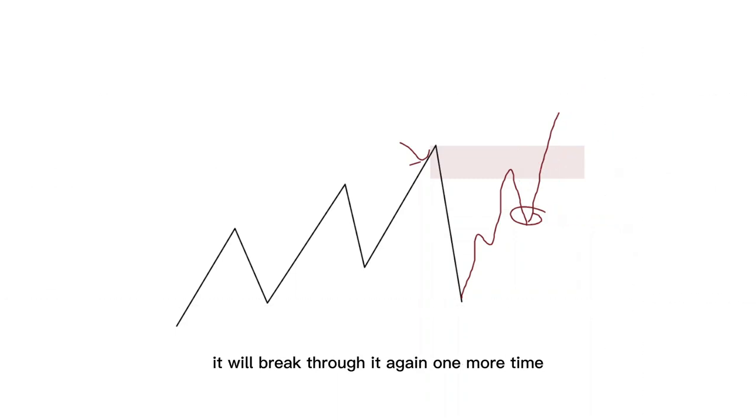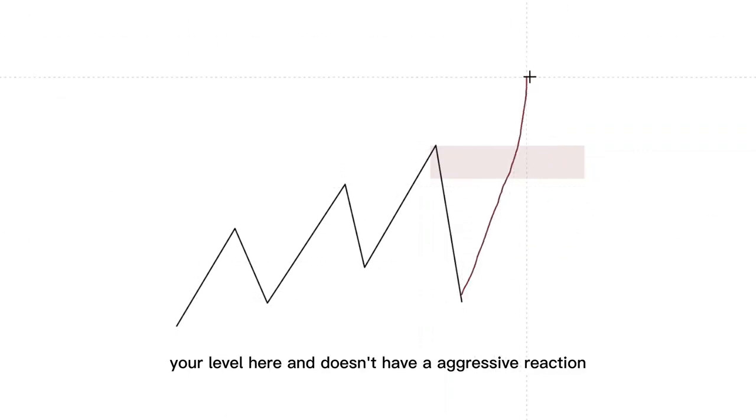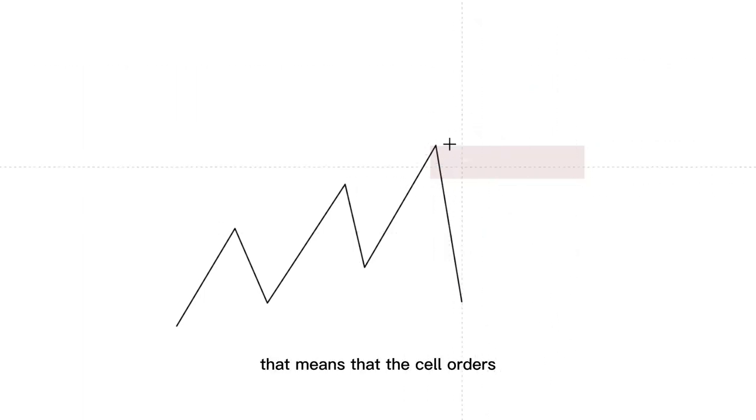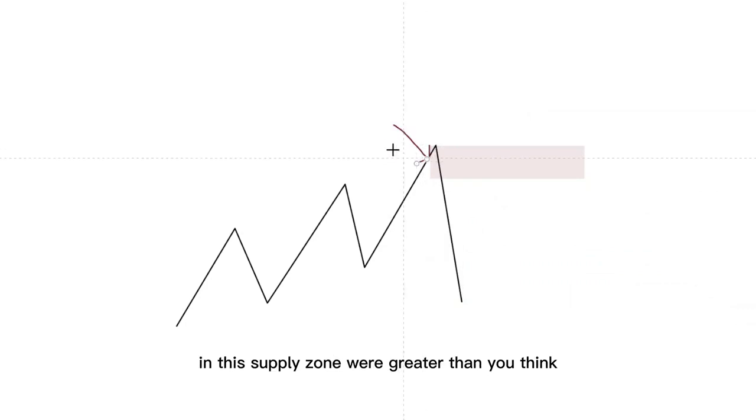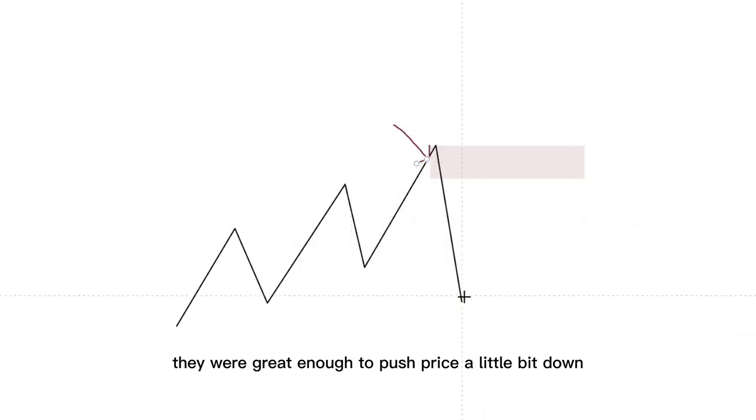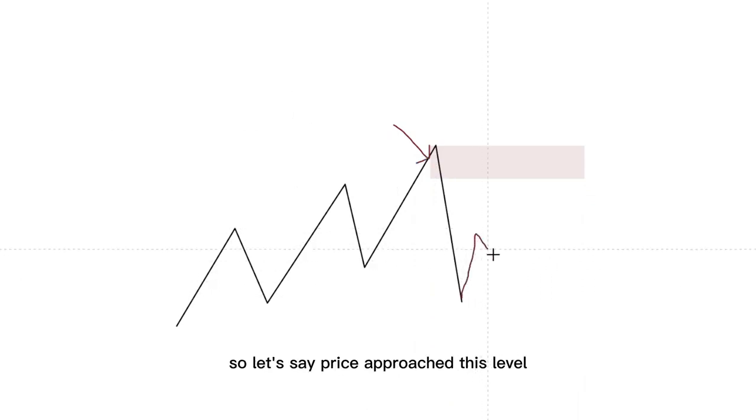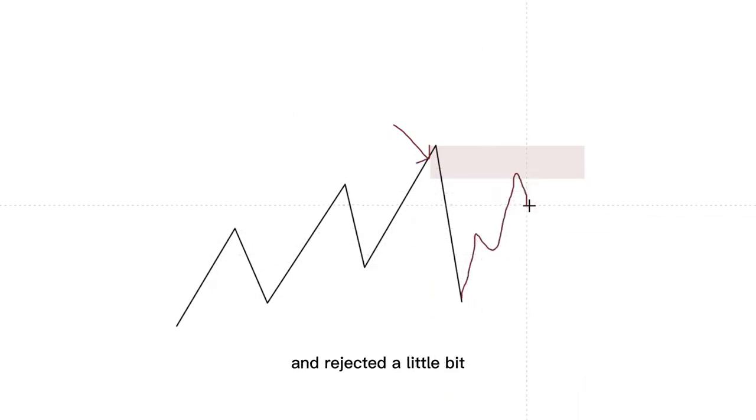Again, one more time. So when price approaches your level here and doesn't have an aggressive reaction, what does that mean? That means that the sell orders in this supply zone were greater than you think. They were great enough to push price a little bit down. So let's say price approached this level and rejected a little bit.